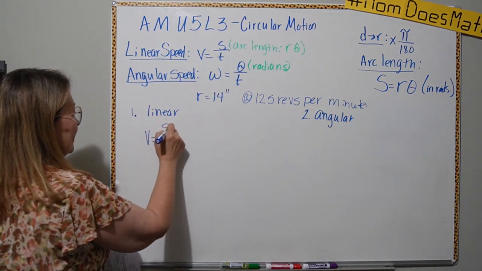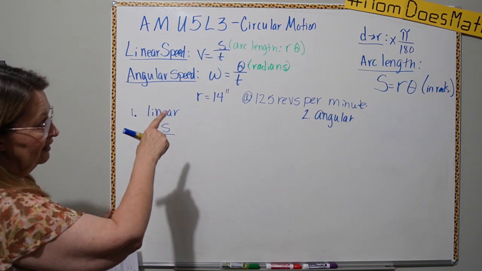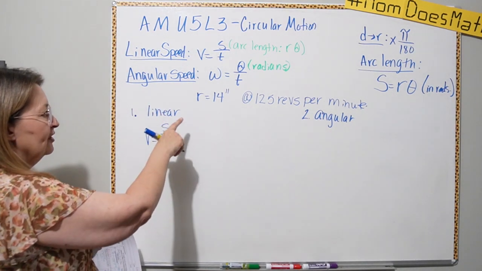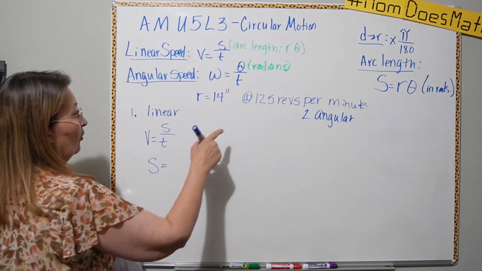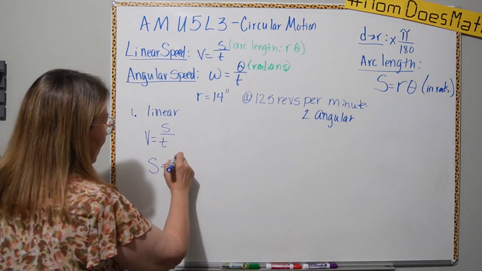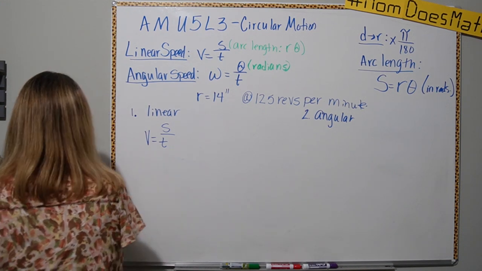All right, so let's get our linear formula. V is equal to S over T. Now S is my arc length. So how can I convert this to arc length? Well, your formula for arc length is the radius, which we have, so that's 14. And let me come out to the side so I don't run out of room.